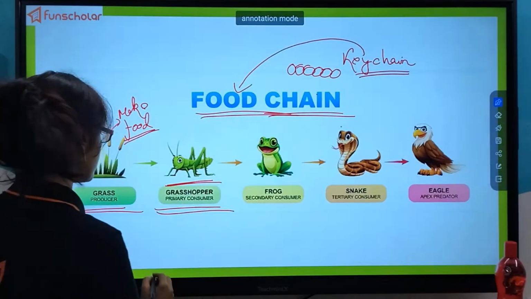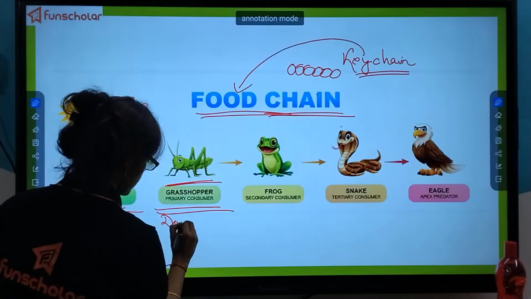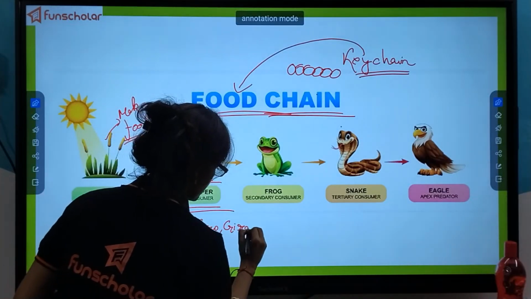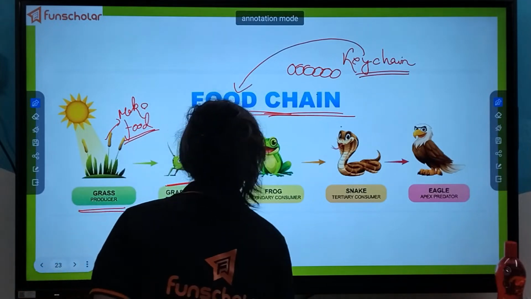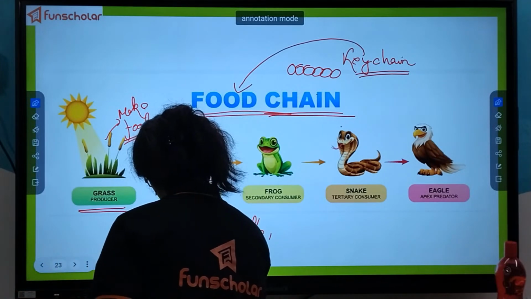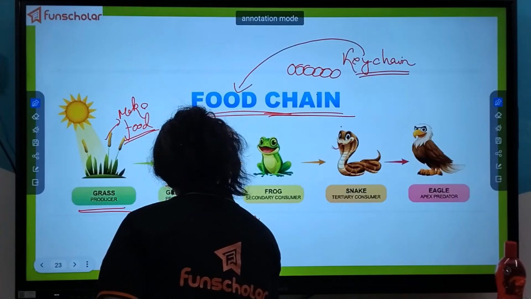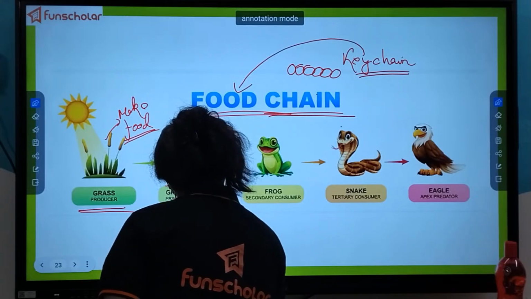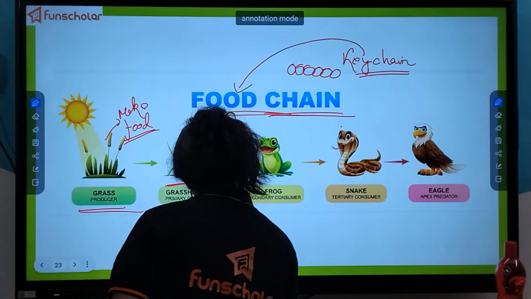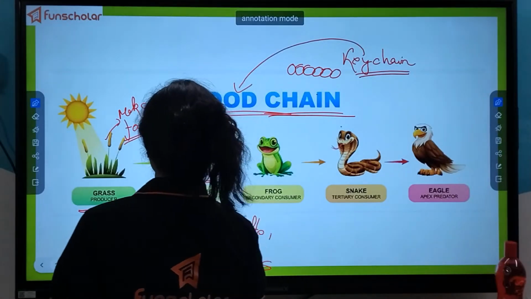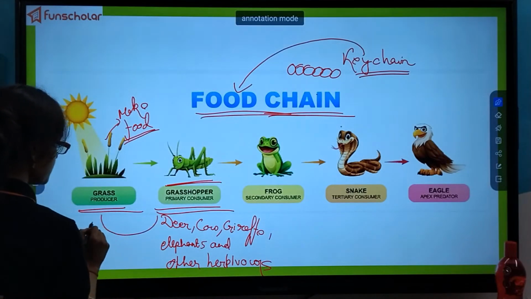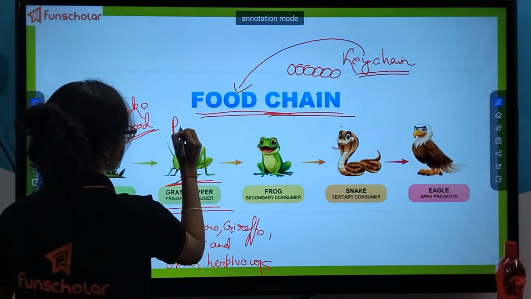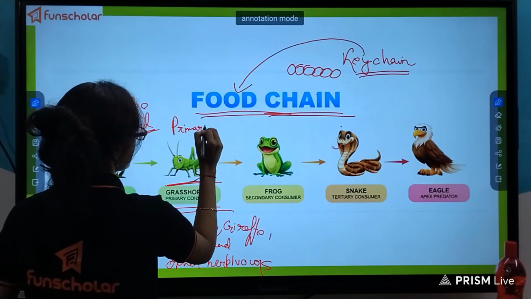Not only grasshopper, but deer, cow, giraffe, elephant, and other herbivores. They feed on the producers directly. That is why they are called primary consumers.